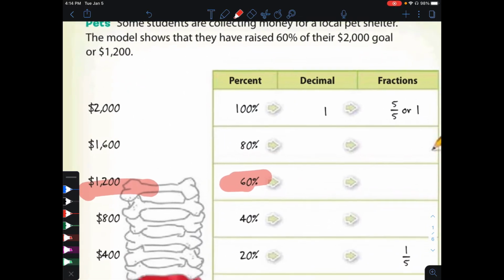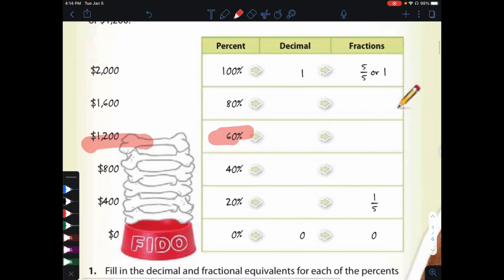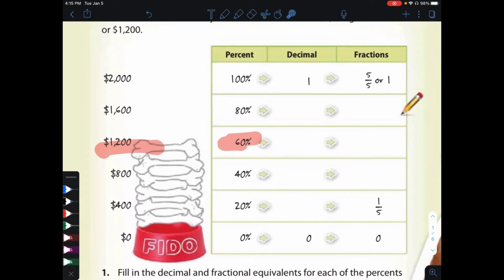Let's take a look at the table. You have the percent, which is 100%, 80%, 60%, 40%, 20%, and 0%. So the first one has been given to us. For $2,000, the 100% of $2,000 as a decimal is equal to 1, and as a fraction is equal to 5 over 5, or simply 1.